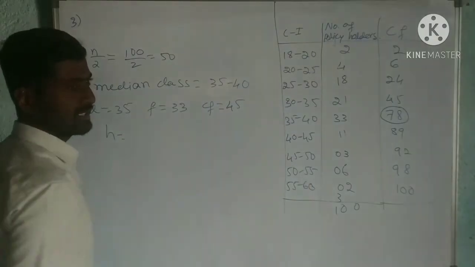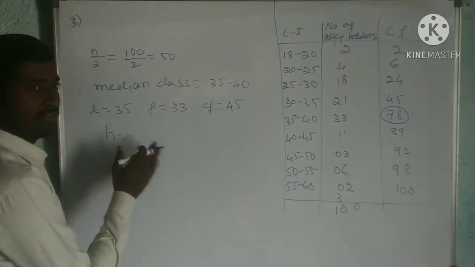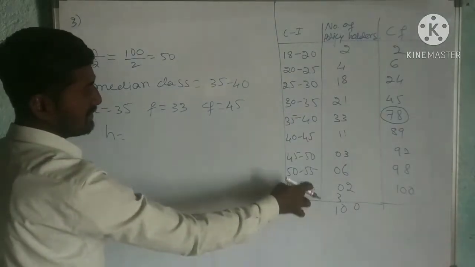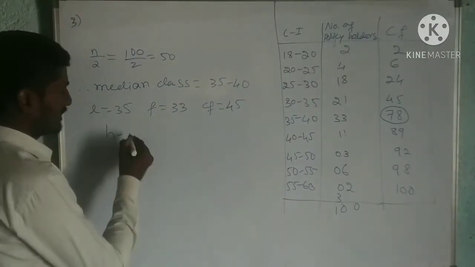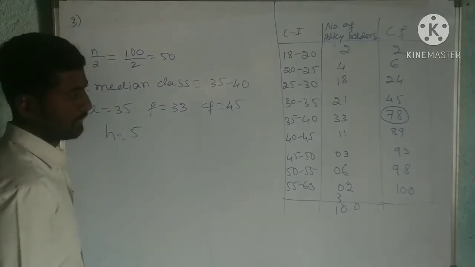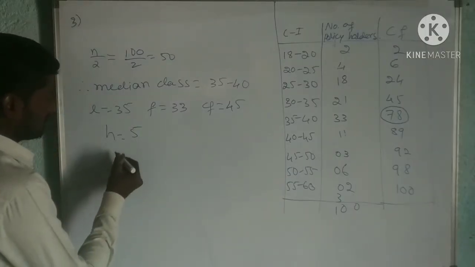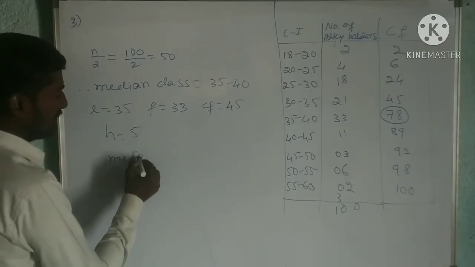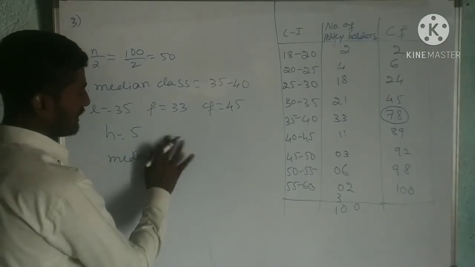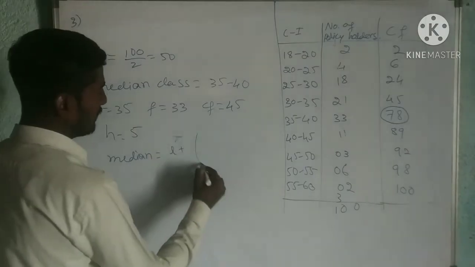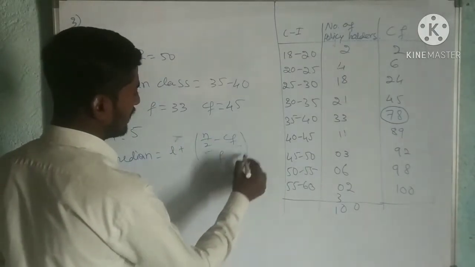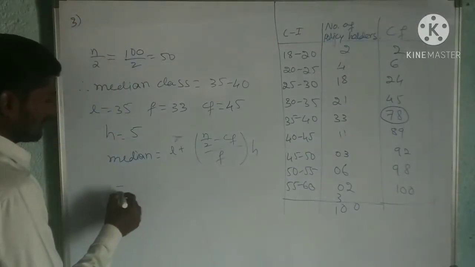Now h, you can take 5. There are two different differences here, so you can take 5 or 10, whatever you like. Most of the values have a difference of 5, so I will take it as 5 only. Now you can write the formula. Median is equal to L plus n by 2 minus CF divided by f, into h.